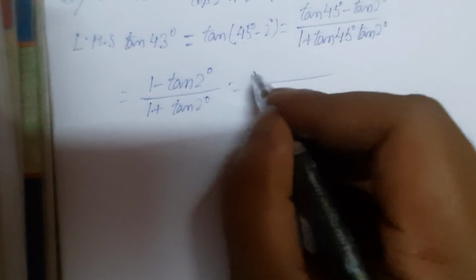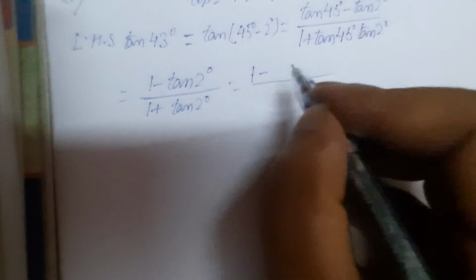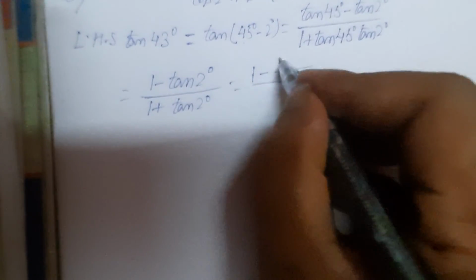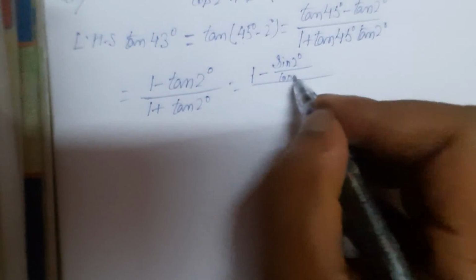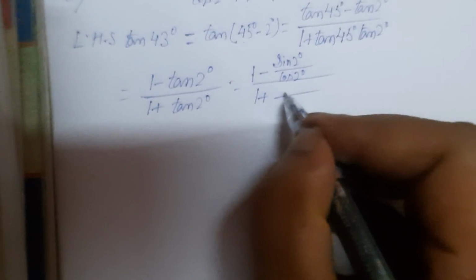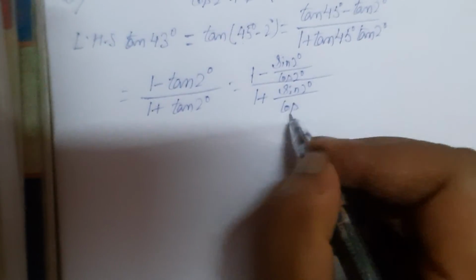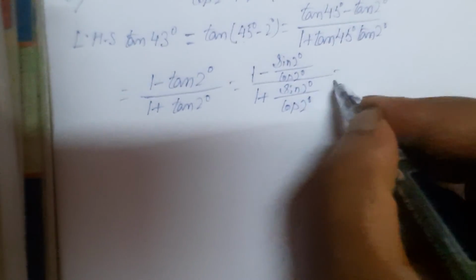Now tan 2 degree: sin theta by cos theta is equal to tan theta. So tan 2 can be written as sin 2 degree by cos 2 degree. In the denominator we use the same trick. Tan 2 can be written as sin 2 degree by cos 2 degree. Now simplify.